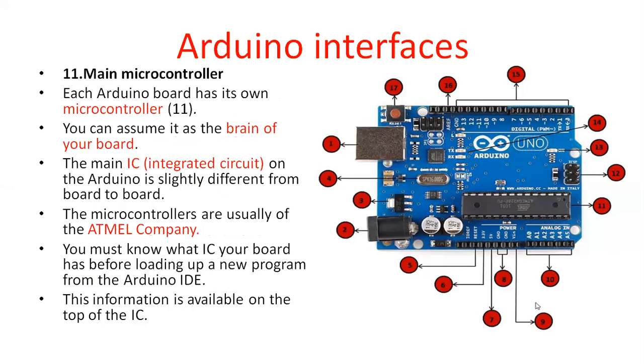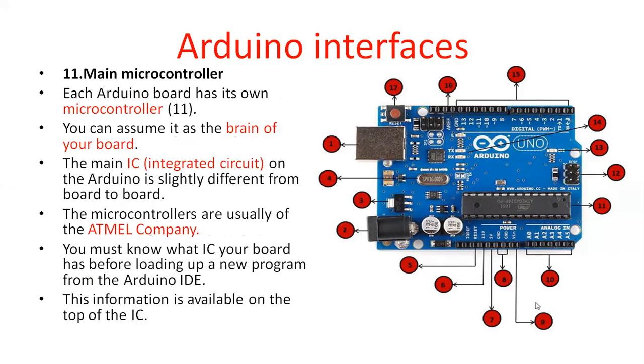Coming to the 11th one, if you see the right side, the board consists of a microcontroller. What is the main purpose of the microcontroller here? Each and every board consists of a microcontroller.